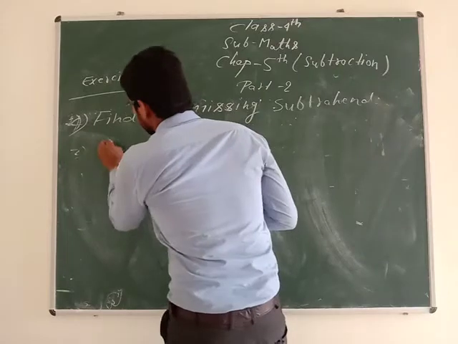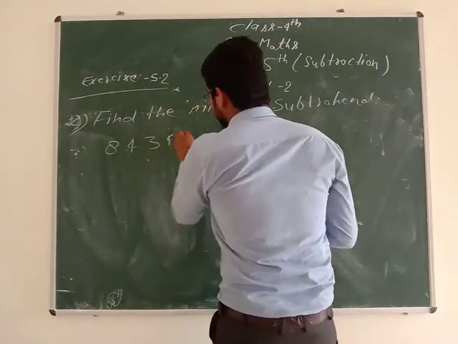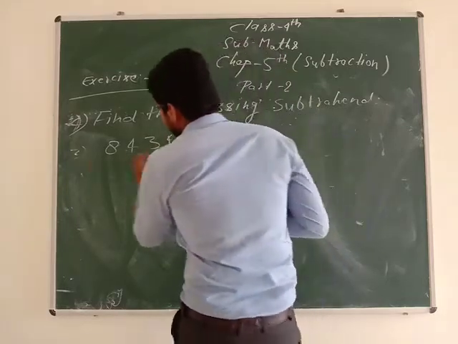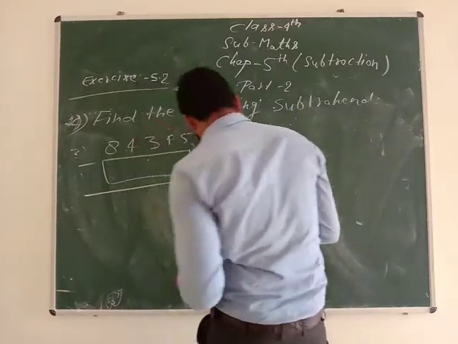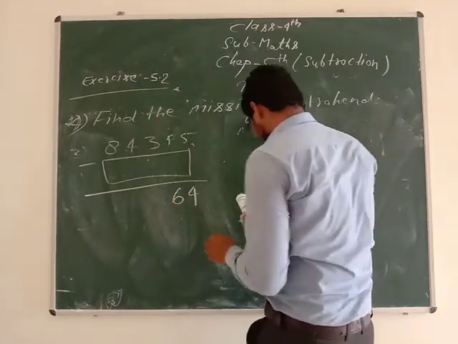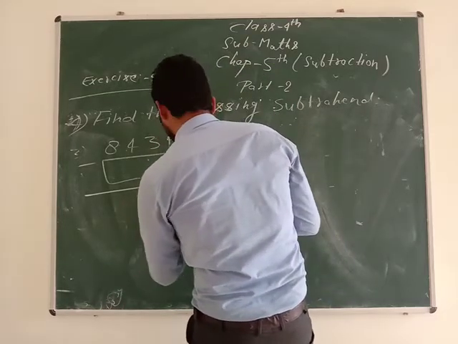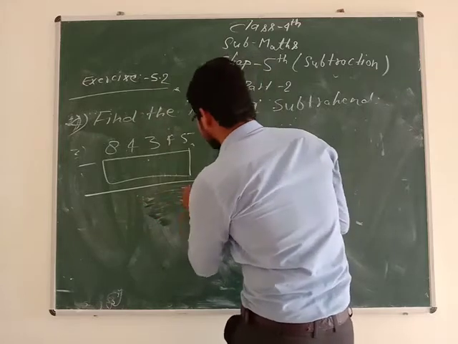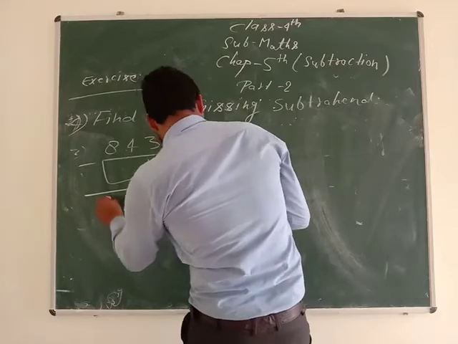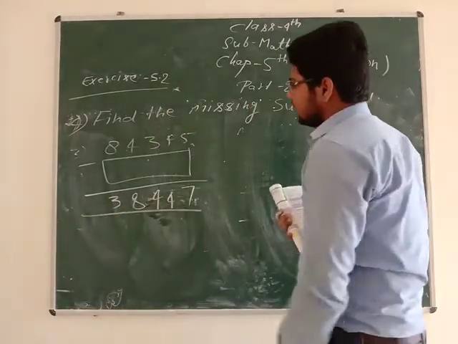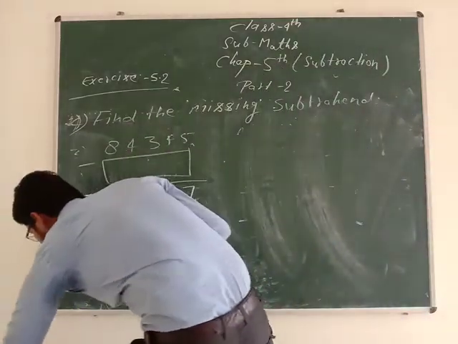So we have 8,4,3,4,5 and a box to fill the subtrahend, and the answer is, sorry, the answer is 7,4,4,8,3. So this is the answer and we have to fill the subtrahend.